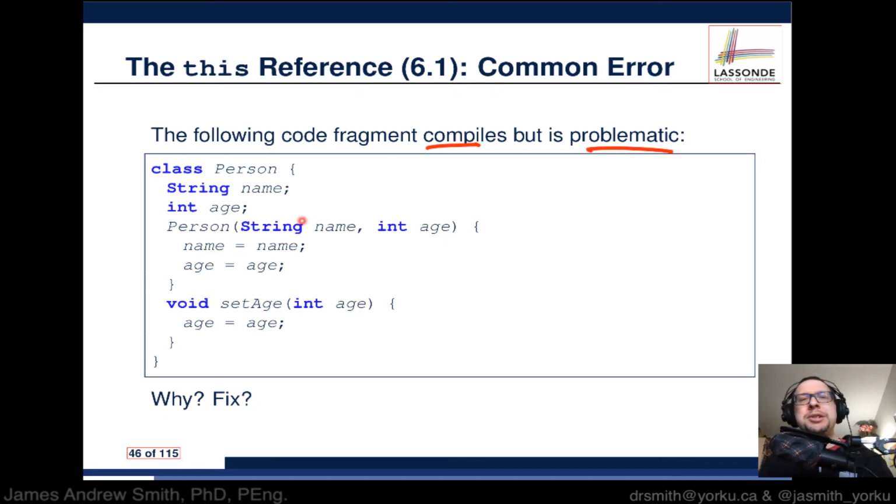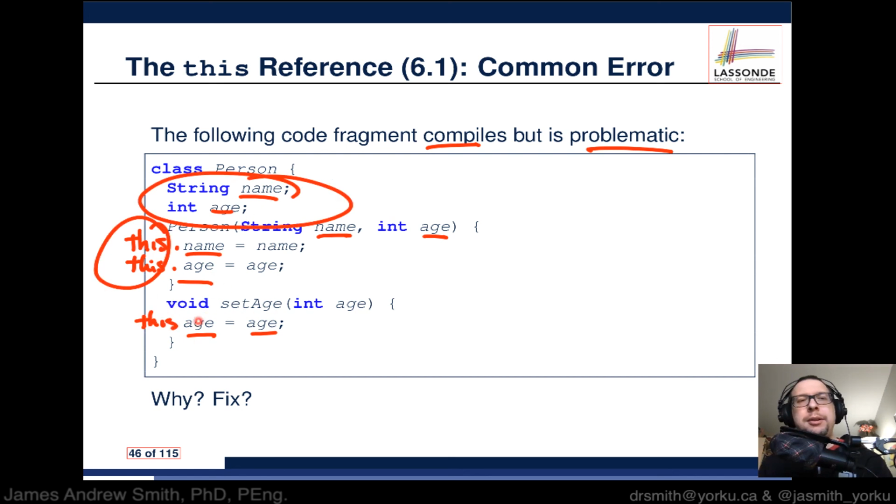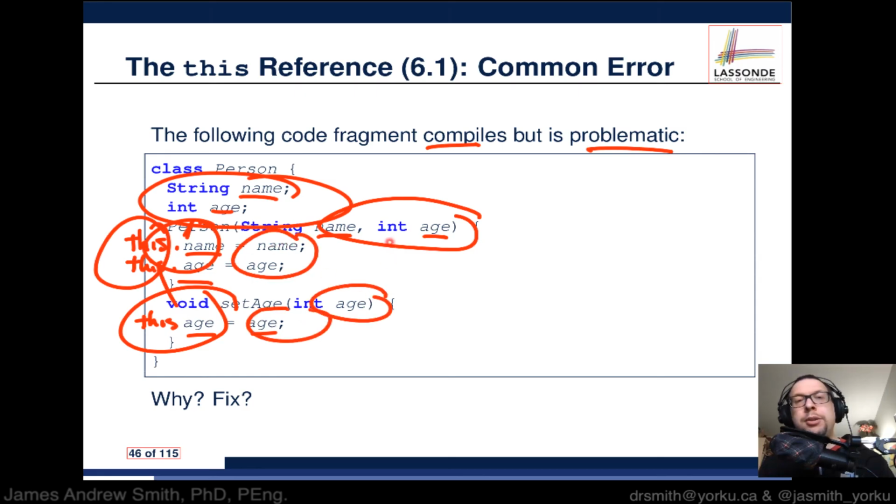When we see something like this, where we've got input parameters name and age, but we also have name and age as internal variables, you can see them right there. What I want to do is say this.name and this.age, to say that we're using the internal versions, not the ones that come in from the outside.